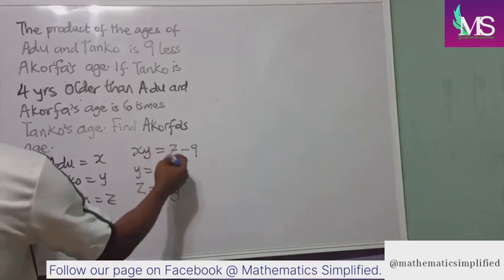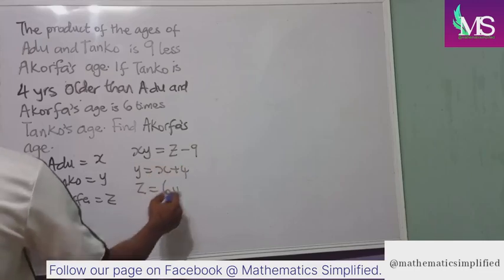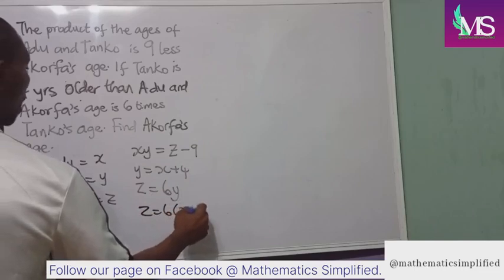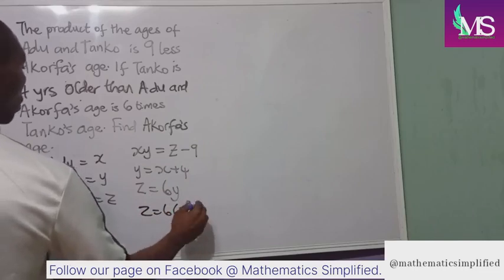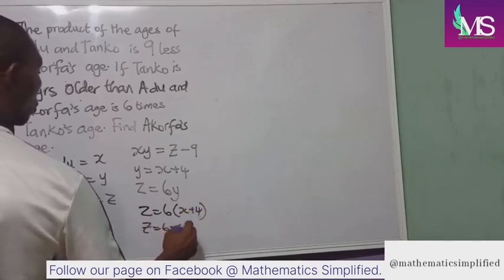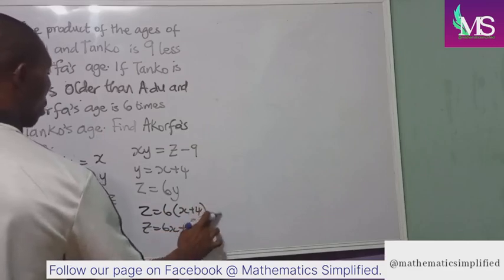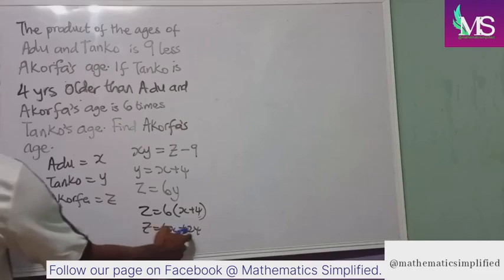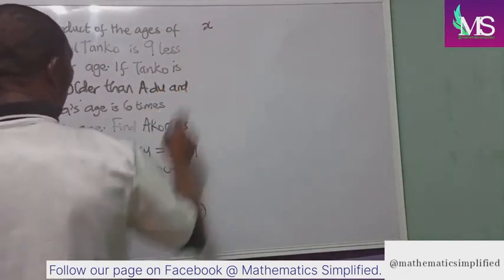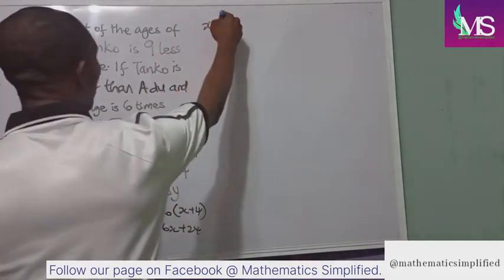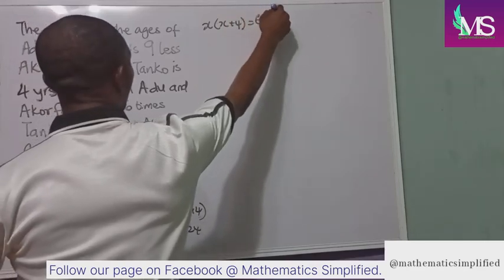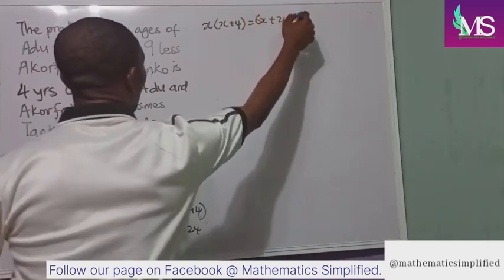Now, if we come to this, our equation, we can substitute Z equals 6 bracket X plus 4, sorry, which will give us Z equals 6X plus 24. Okay, so now putting this value for Z here, we are having X, remember that Y is X plus 4, X plus 4 equals 6X plus 24 minus 9.